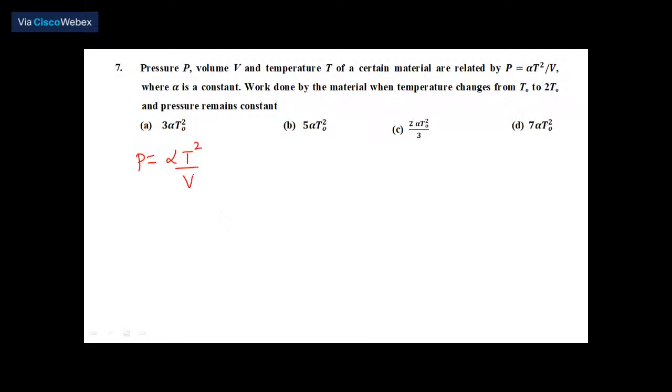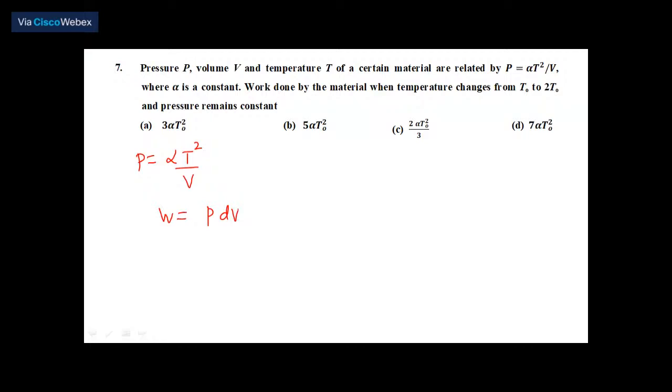Find the work done by the material when temperature changes from T0 to 2T0, pressure remaining constant. Work done is given by P into dV, right? dV is what we have to find out, and we need to integrate it.